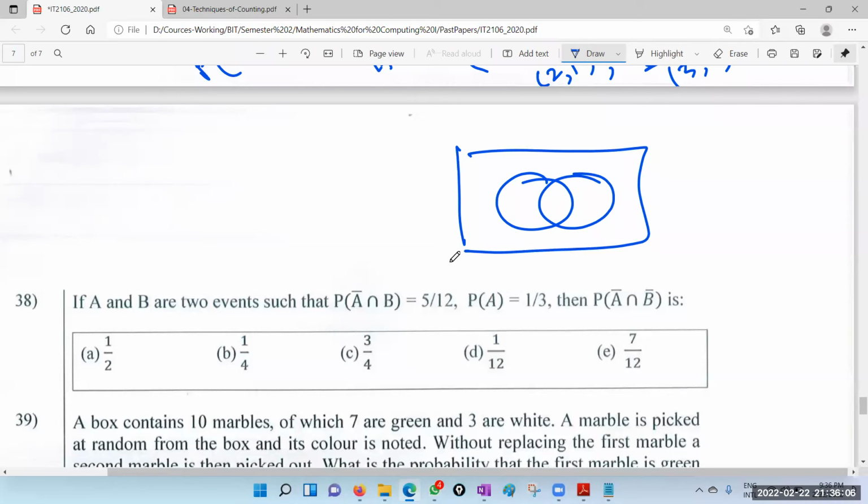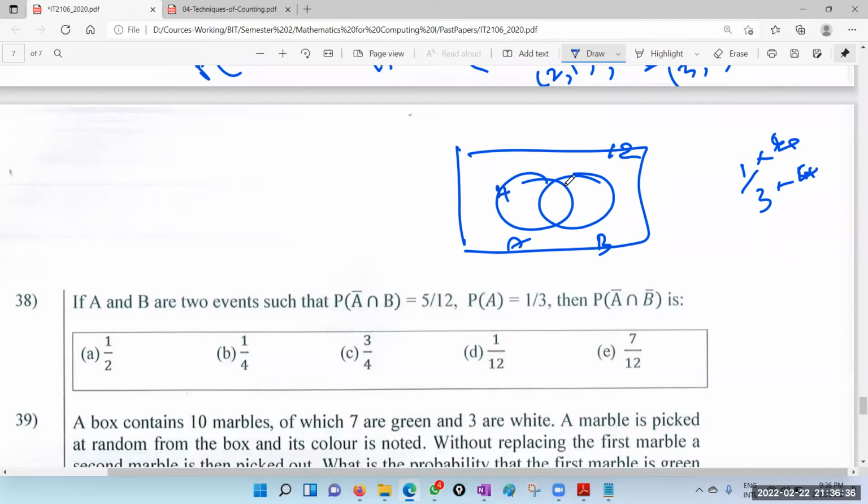So the probability of A is 1 out of 3. That means out of 12, it is 4, because 4 into 3 is 12. So assume 12 altogether. The probability of A happening is 4 out of 12, so here inside this circle we have 4.